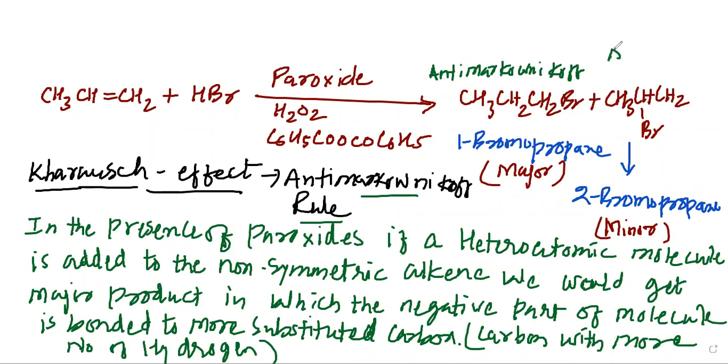And this is what is known as the Markovnikov product. So please understand, my dear students, that this is what happens. Now we want to study why it is so, why in the presence of peroxide this happens. So let us see the mechanism and understand it.